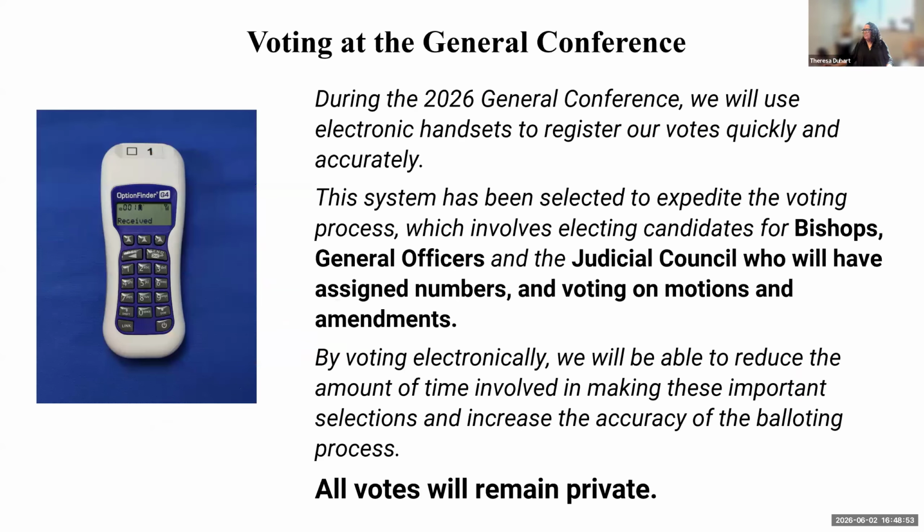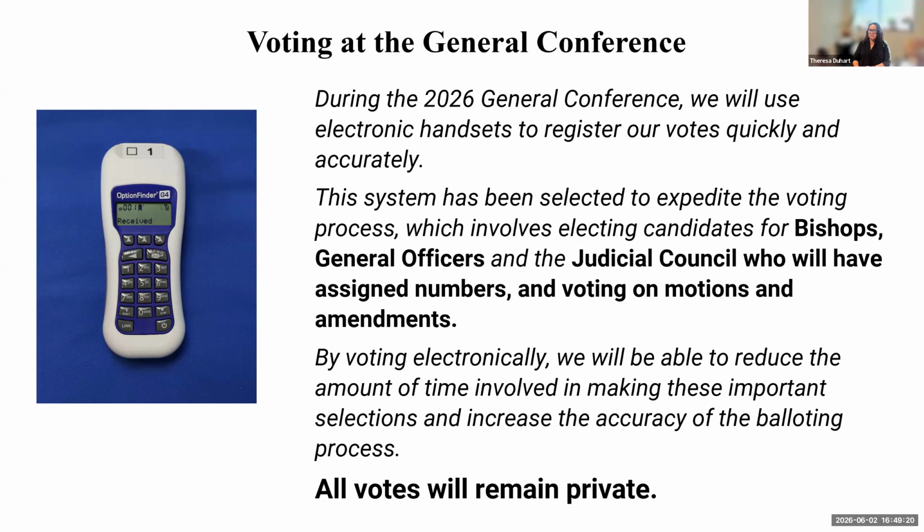Voting at the General Conference, we will again use electronic handsets to register our votes quickly and accurately. The Option Finder polling system will help facilitate our meeting using wireless voting keypads and balloting exercise. The wireless keypads will be used for voting, including the election of bishops, general officers, and Judicial Council members.